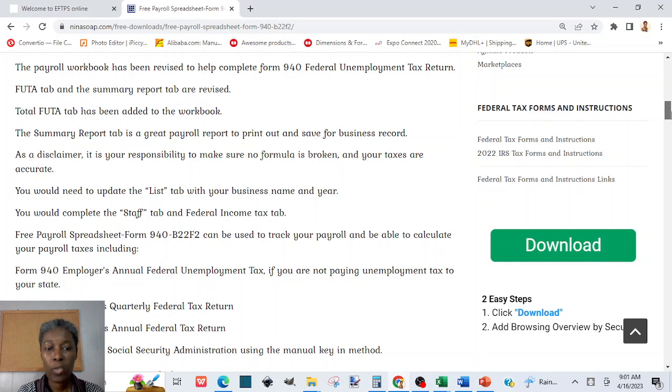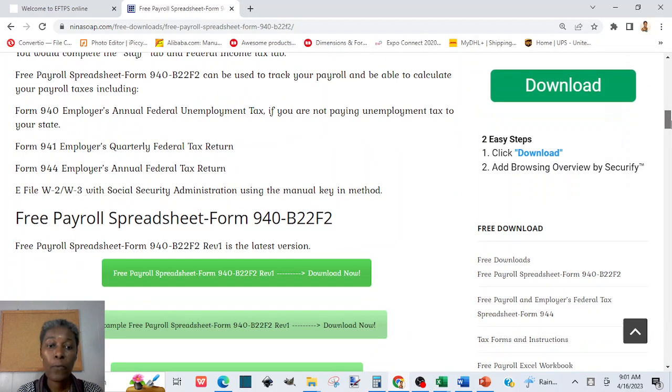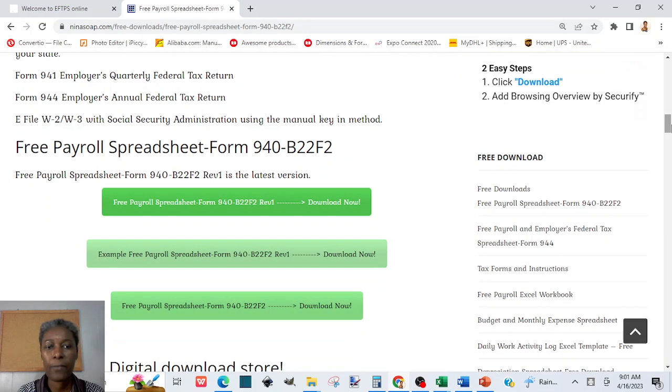We do have the summary tab that tracks payroll on a monthly basis and payroll liability on a monthly basis, I believe. And I revised it. So the revision one is the latest version. The original one is the bottom one. You can see which one is well suited for your business model.